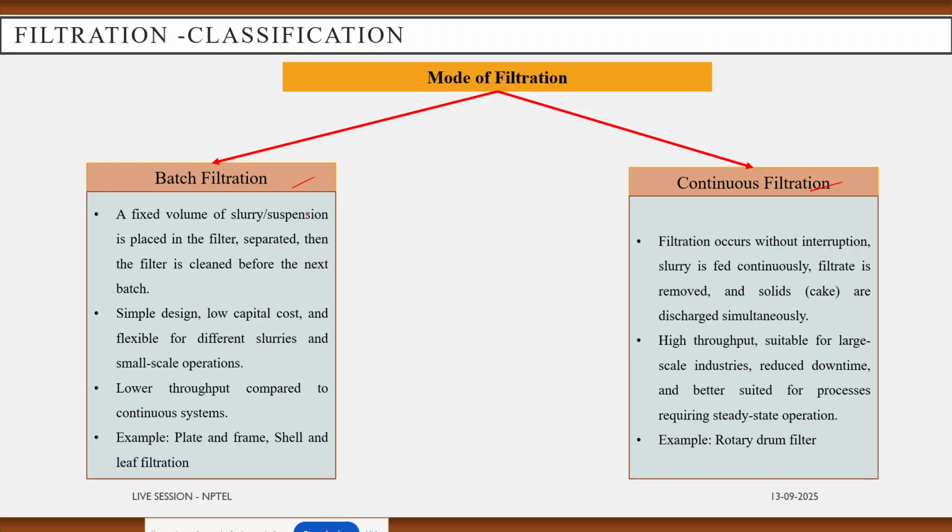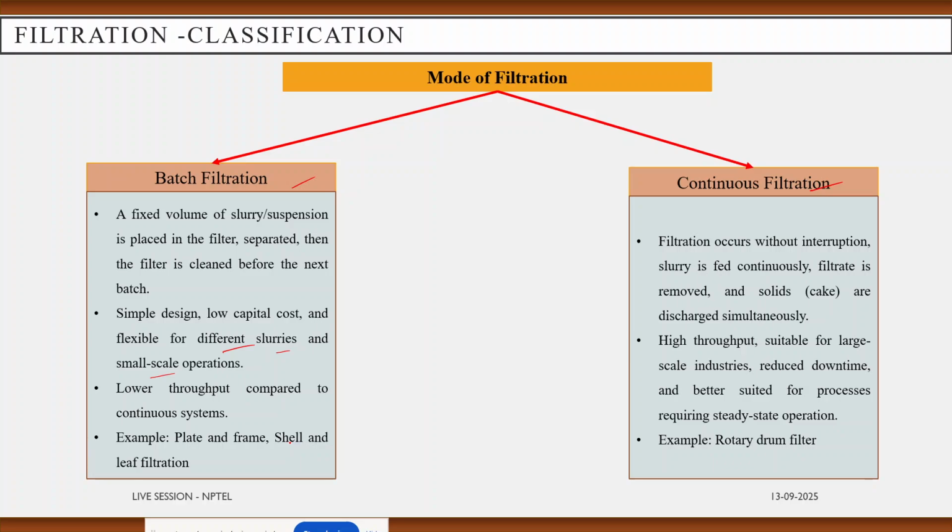So this is a kind of batch setup, with simple design, low capital cost, and it is very flexible for different slurry concentrations and small scale operations. But the main problem associated with batch filtration is lower throughput compared to a continuous filtration system.